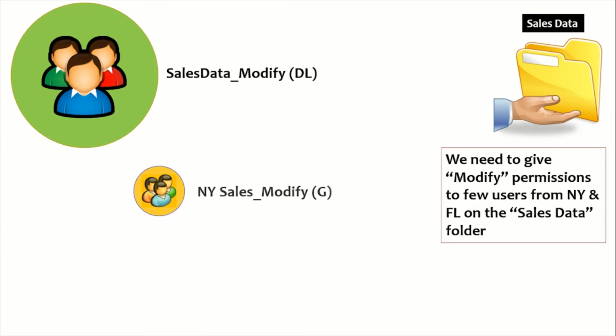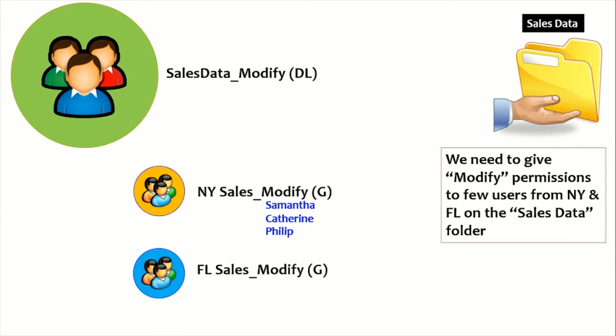We'll create one more group. This time we'll create a global group, New York sales modify, and add all the users who want to access the sales data folder from the New York office. We'll create one more global group, Florida sales modify, and we will add the users from our Florida office who want to access the sales data folder.